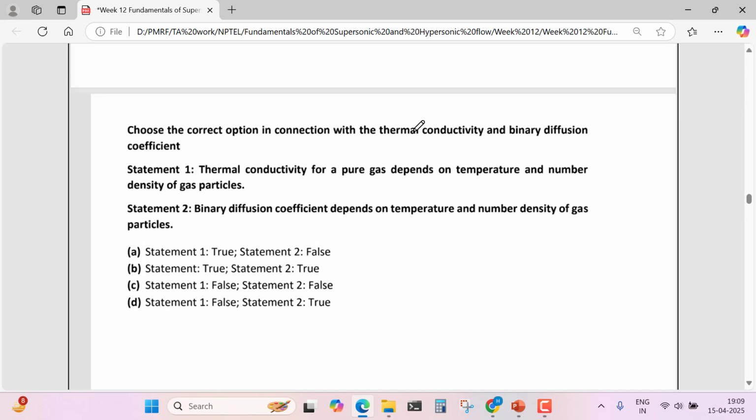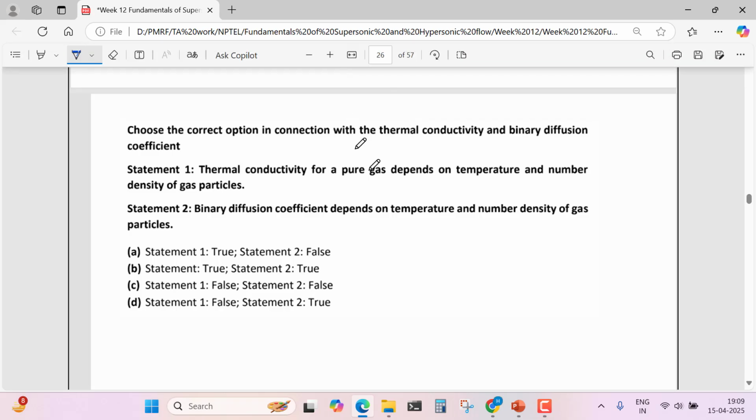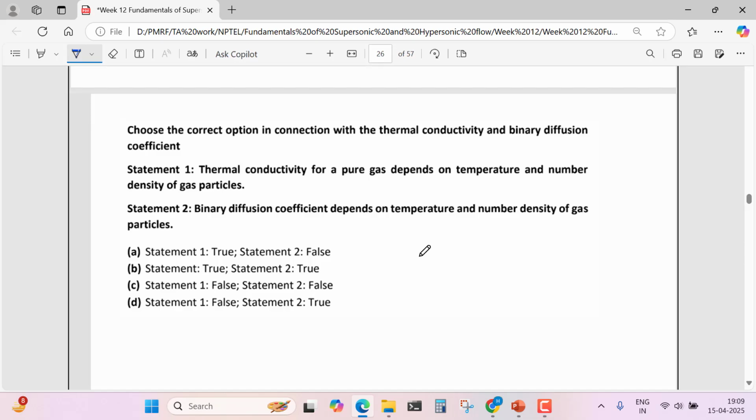Now let's see the next problem. Choose the correct option in connection with the thermal conductivity and binary diffusion coefficient. Statement 1: Thermal conductivity for a pure gas depends on temperature and number density of gas particles. Statement 2: Binary diffusion coefficient depends on temperature and number density of gas particles.